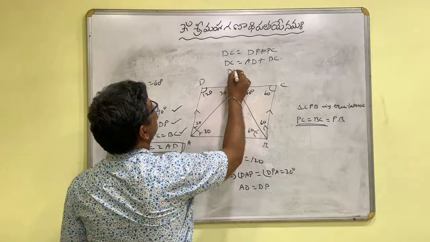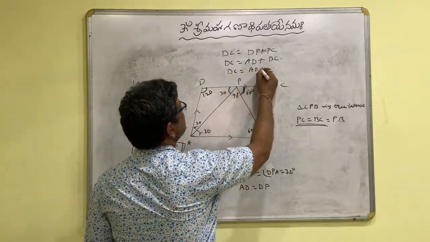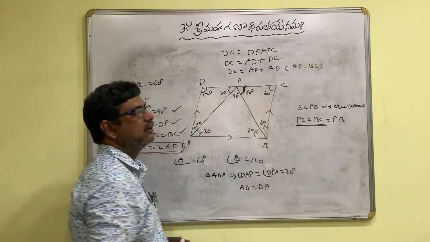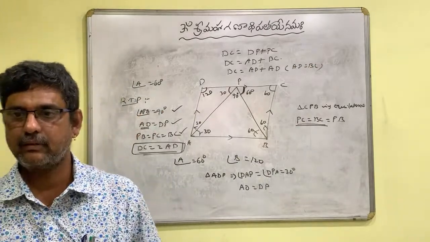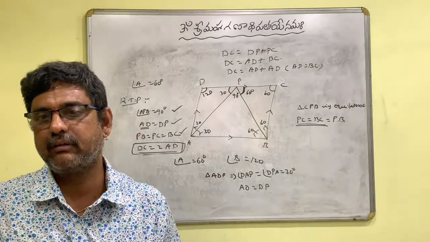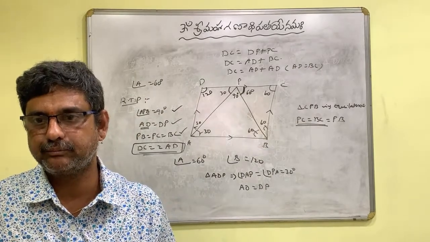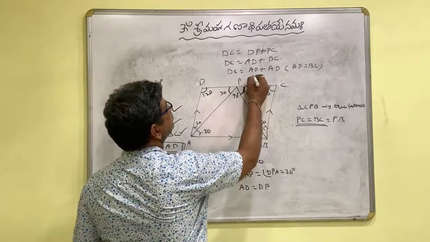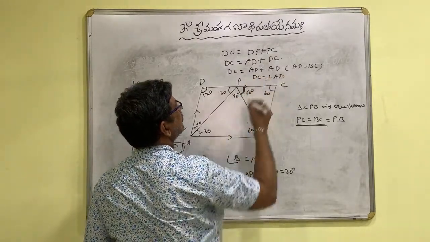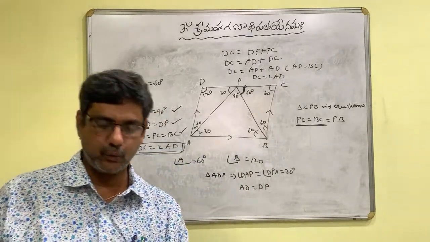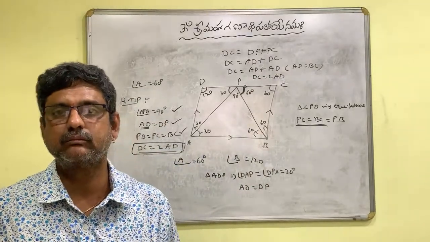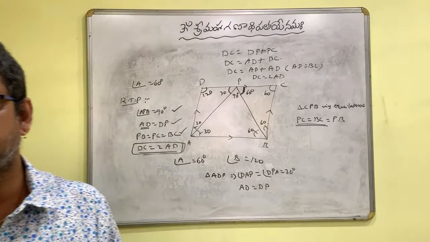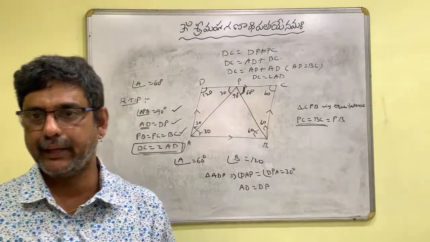DC is equal to AD plus AD, because AD and BC are both equal, being opposite sides of a parallelogram. So DC is equal to 2AD. Okay, children.